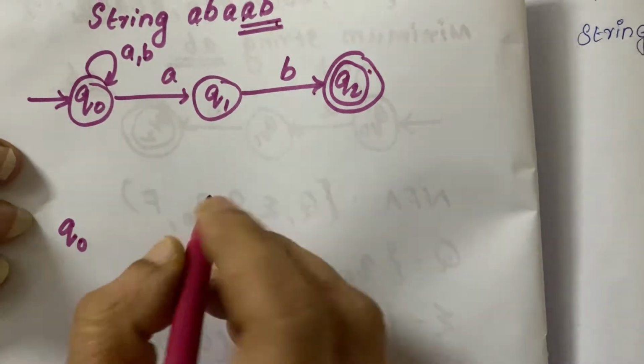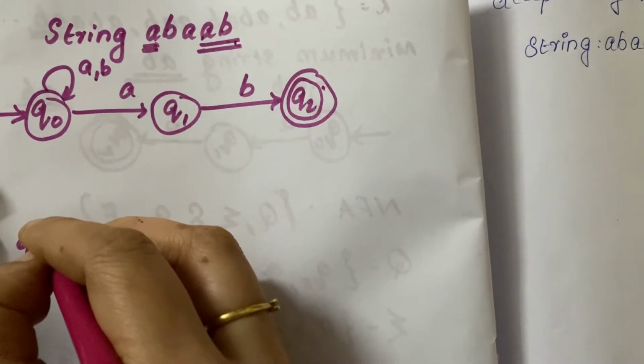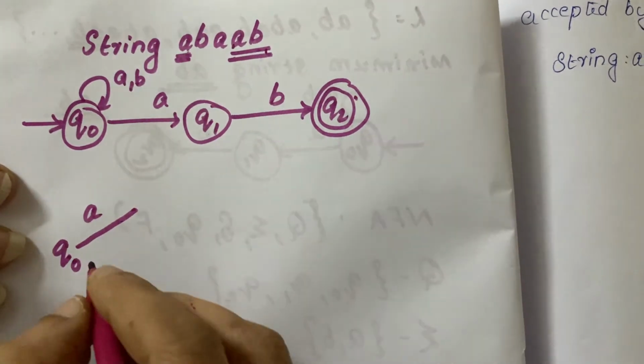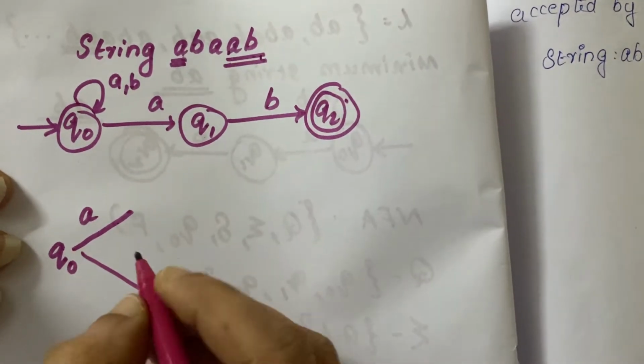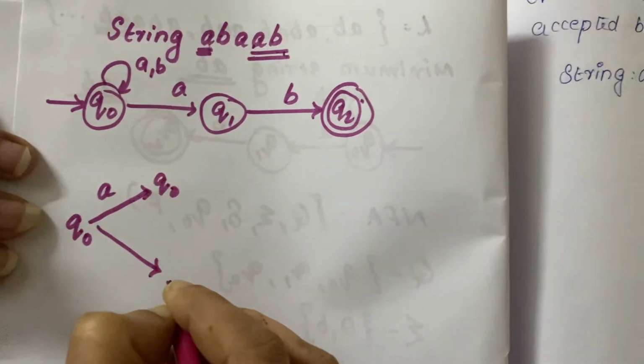Q0, which is the first input symbol here, A, correct? Taking A as an input symbol, it can go to two places. One is Q0, the other one is Q1.